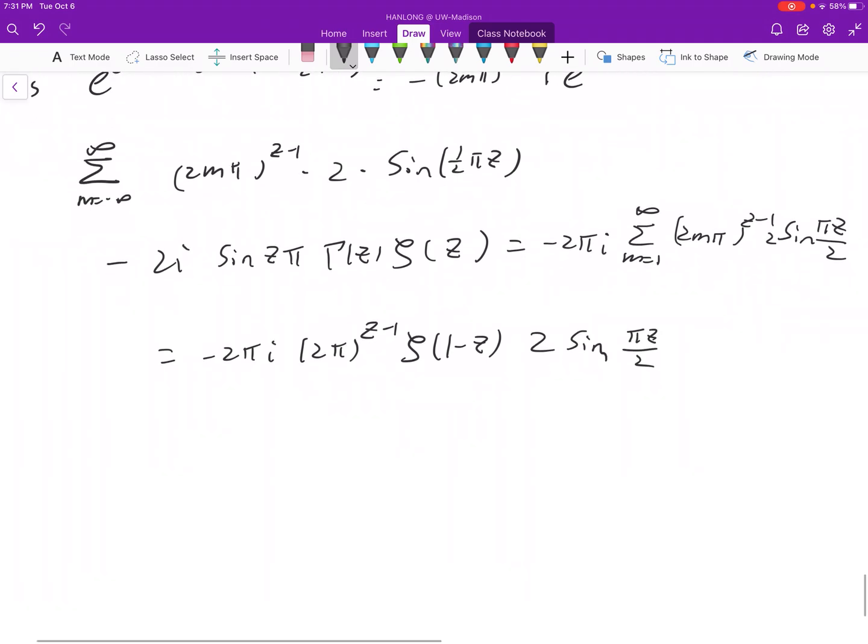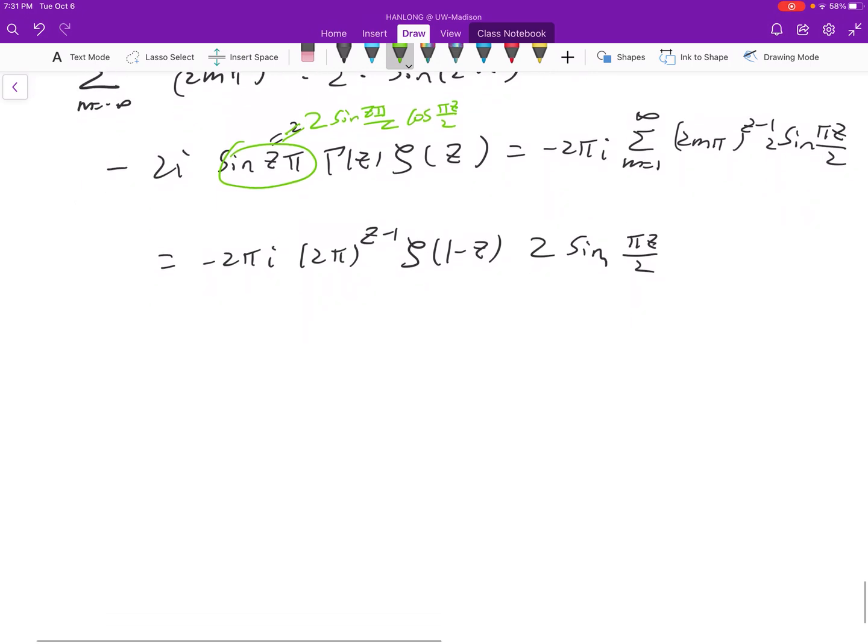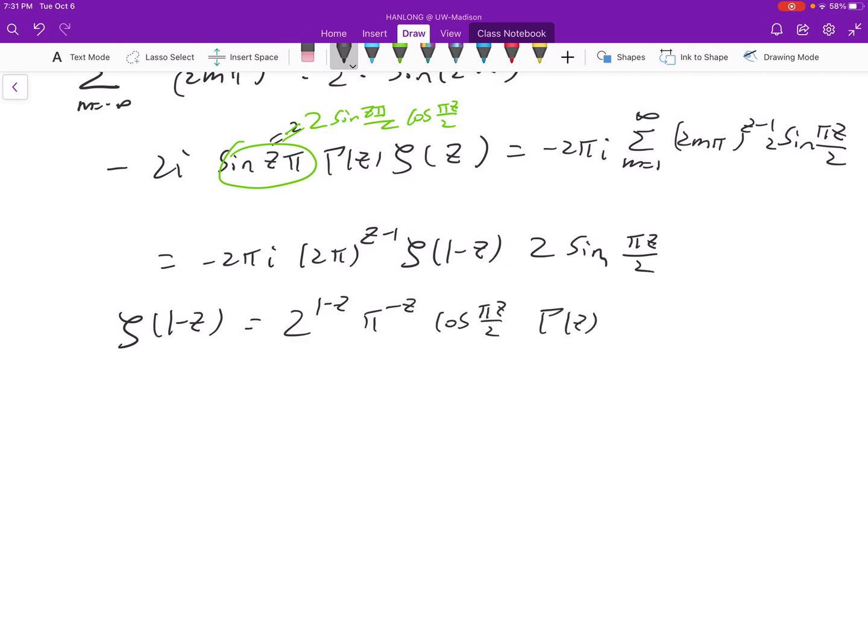Okay, and using trigonometric identities, you can write sin(zπ) as 2 sin(πz/2) cos(πz/2). Therefore, finally, you have ζ(1−z) = 2(2π)^(−z) cos(πz/2) Γ(z) ζ(z).